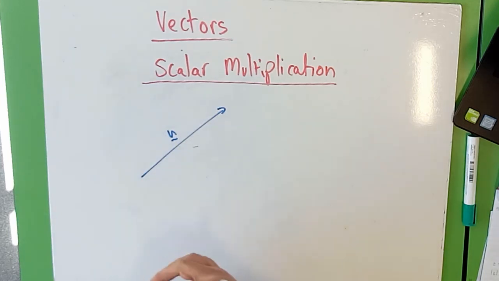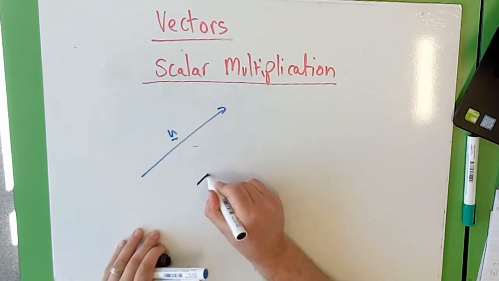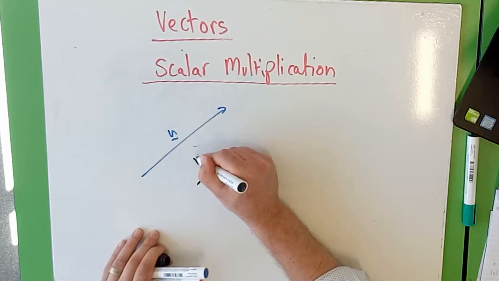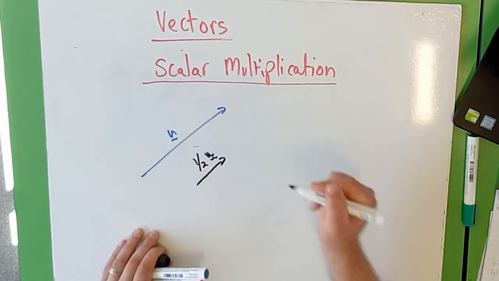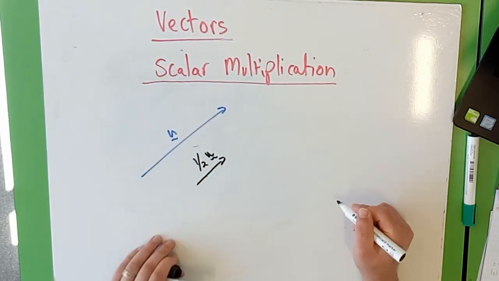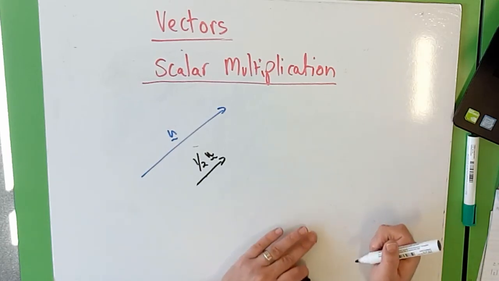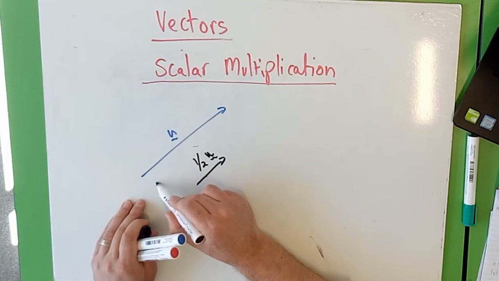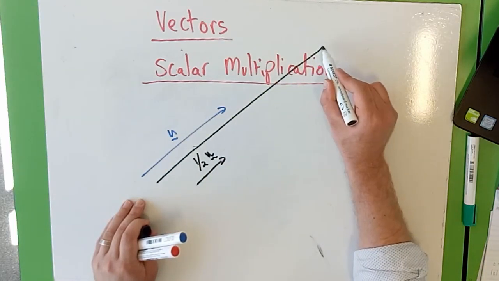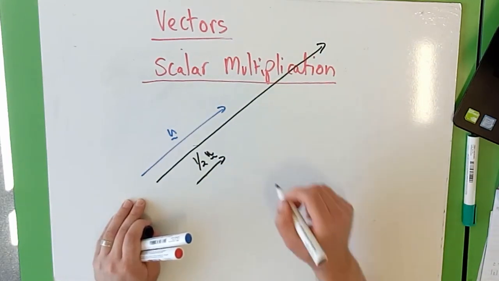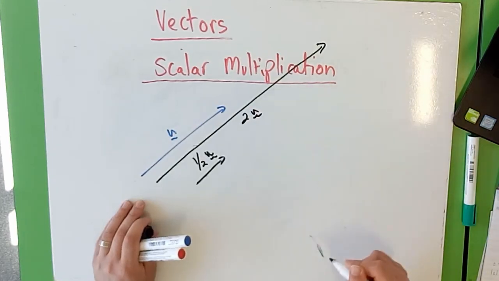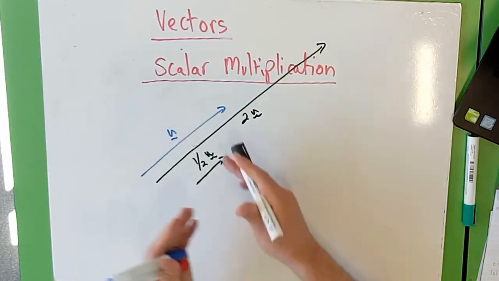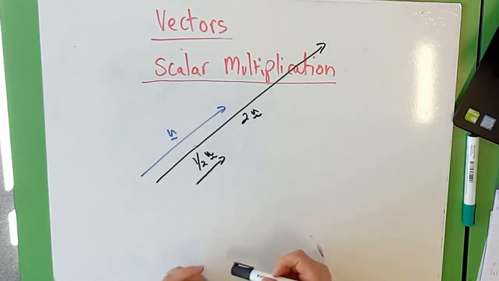So half u is going to be this vector. That's all scalar multiplication is. I could have doubled that vector, make it twice as big. That's twice u, in the same direction. So I could scale it up or scale it down however much I want.